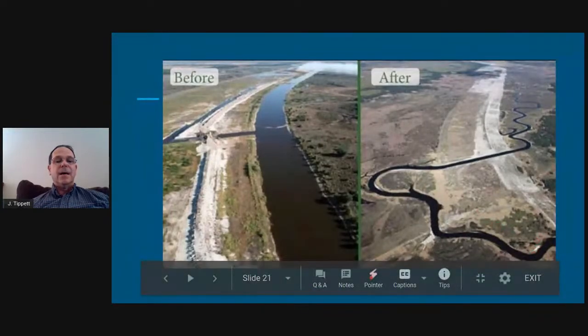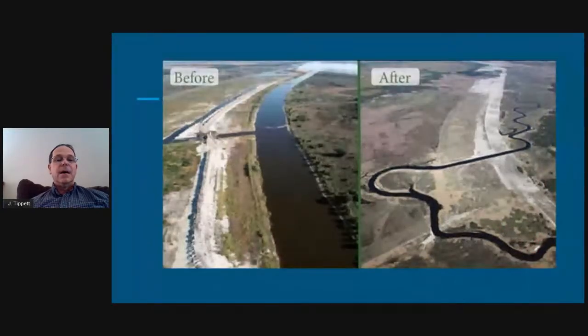And that process took another 20 years, and phase 3 of that has just been wrapping up to the tune of $9 billion to restore what they did, the boondoggle that they did on the Kissimmee River.